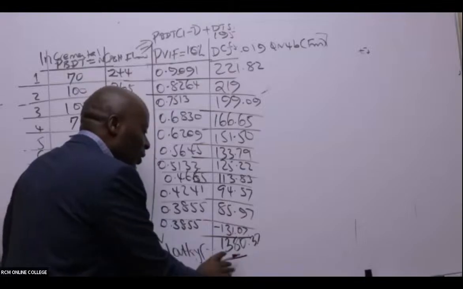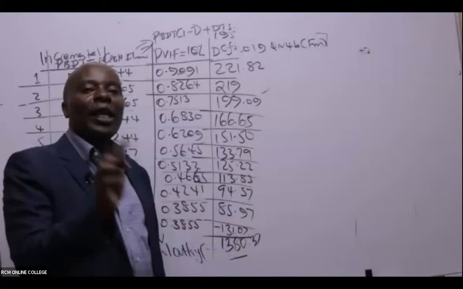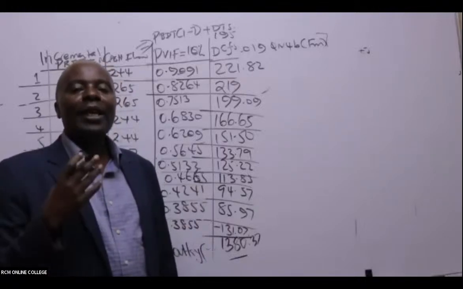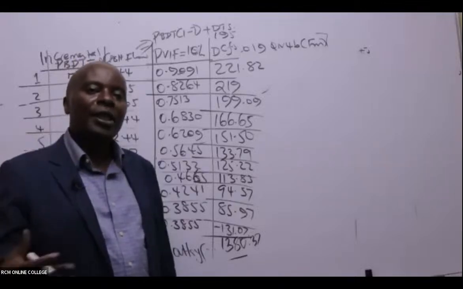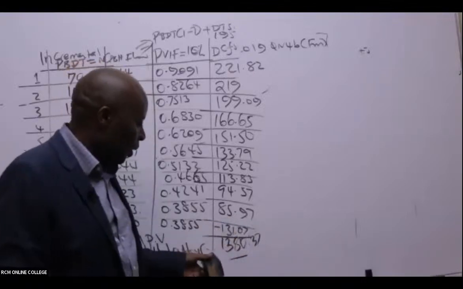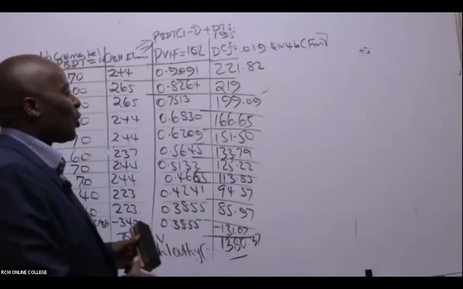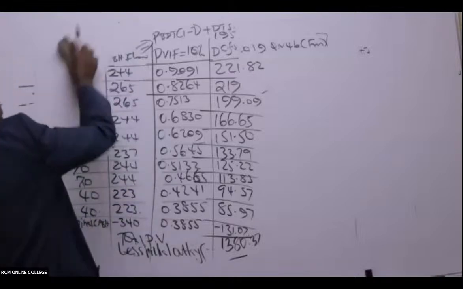I'll just finish this question there and go, having gotten like 80% of the marks. Unless I finish other questions and realize I've got more time on my hands, I'll compute this initial outlay. Otherwise, I will not do it. But here, because we're learning, allow Mwalimu to do this initial outlay.